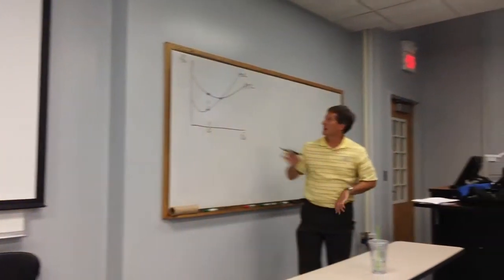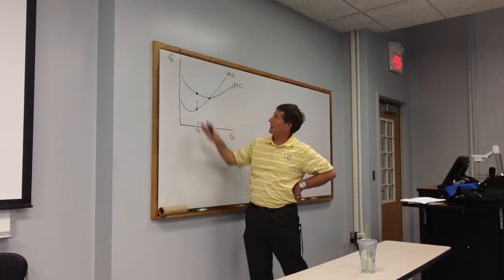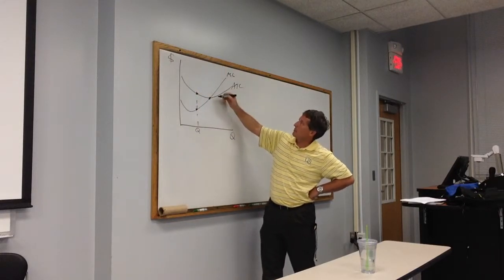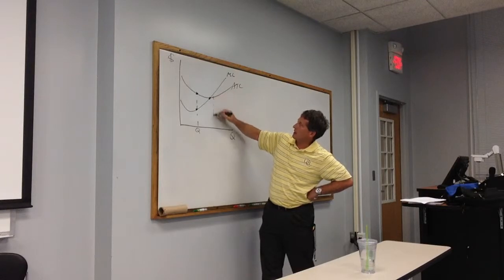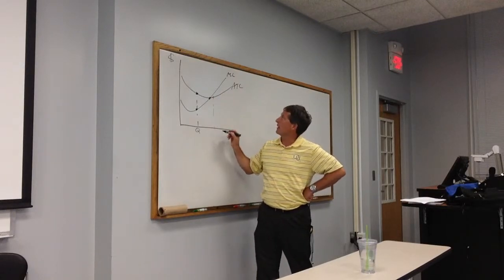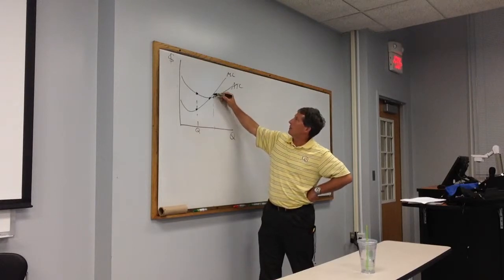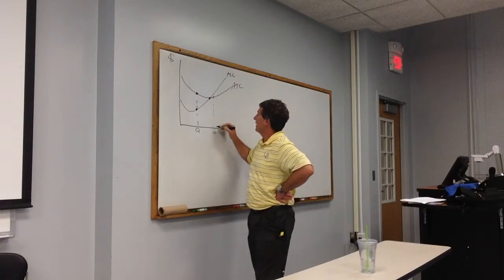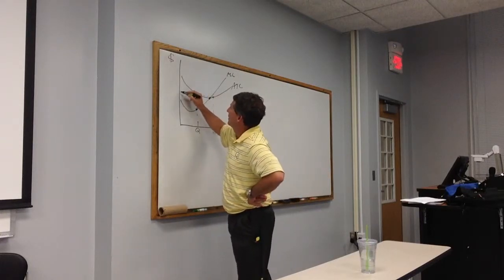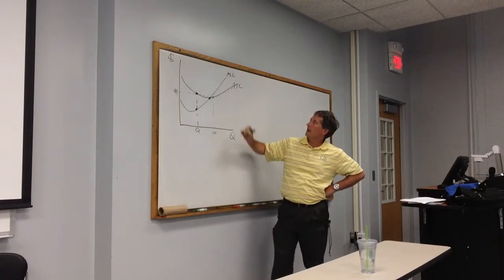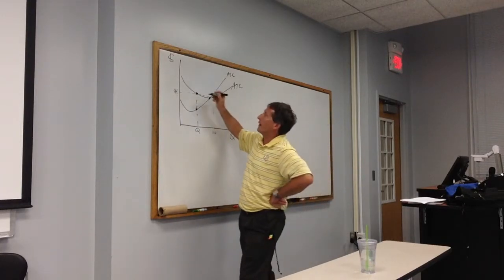So if the manager is focusing on the average total cost curve, we could take any point here, just off of that minimum point. If currently we were operating here, we might say, our average cost per unit at 100 burgers is $4 a burger, and we can sell these for $4.25.